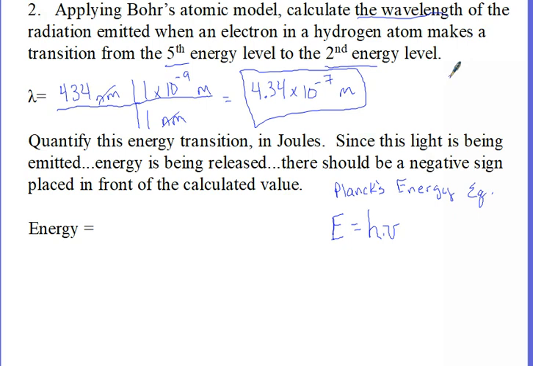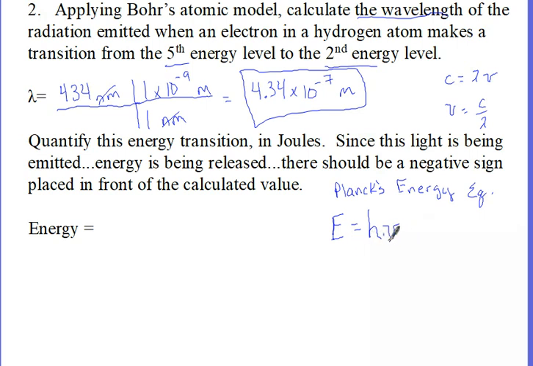And you already have another formula as well. Remember you had c equals lambda nu, and we rearranged that to solve for wavelength earlier. We can also rearrange that to solve for frequency. So frequency is c over lambda. So nu is c over lambda in this equation. And here you have energy is h times nu, or Planck's constant times frequency.